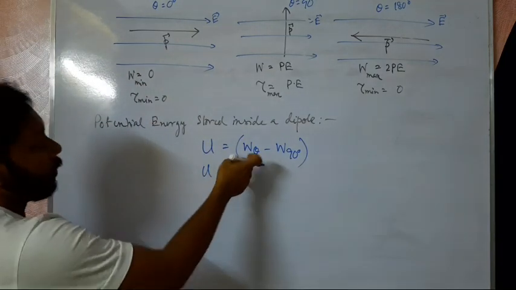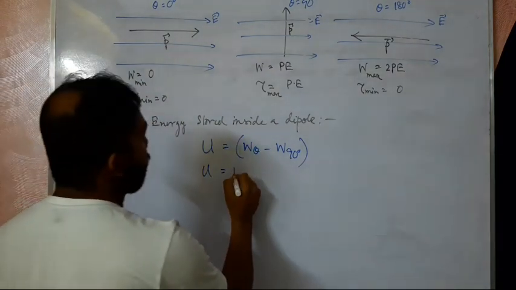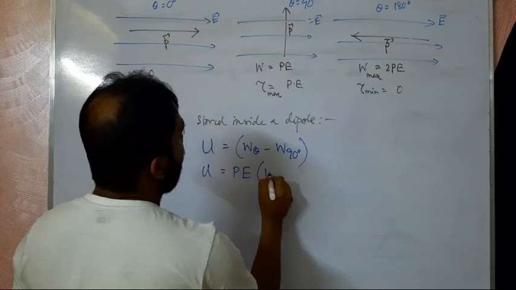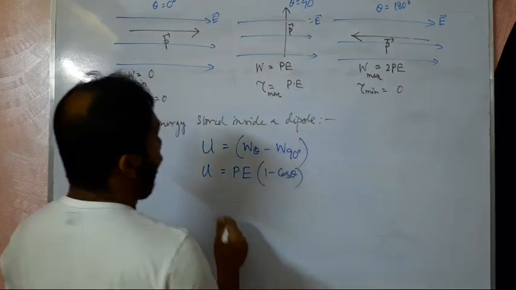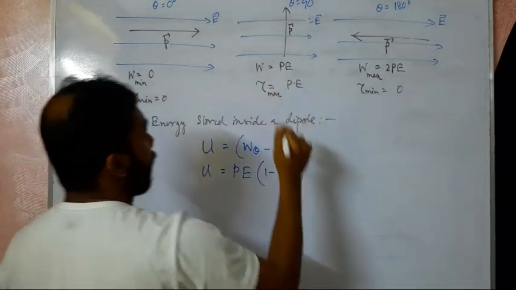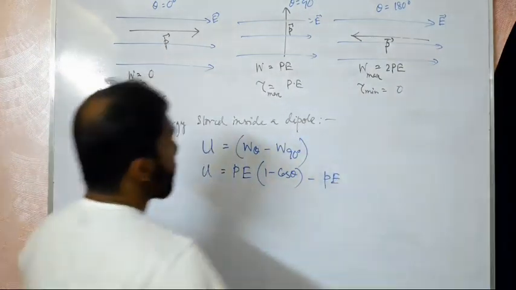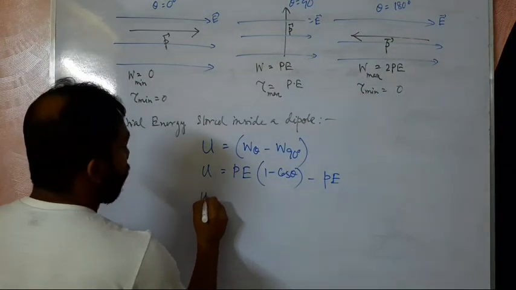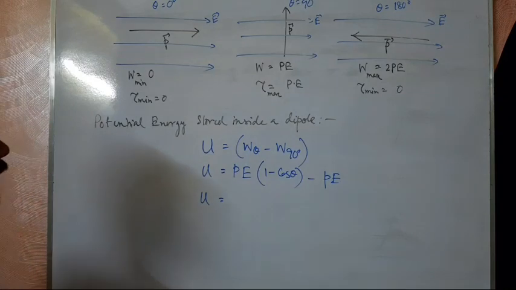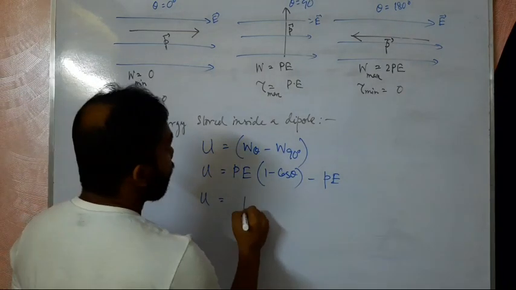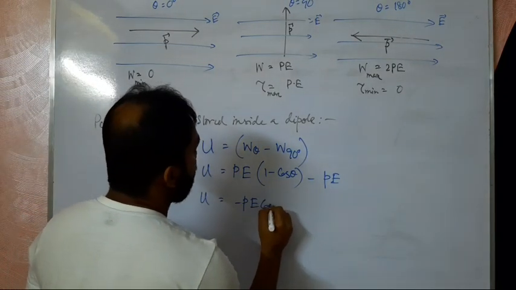So if we write W theta, we know what is W theta, that is PE (1 minus cos theta). And what is W90? W90 is PE. So what will come? The potential energy of the dipole will come minus PE cos theta.